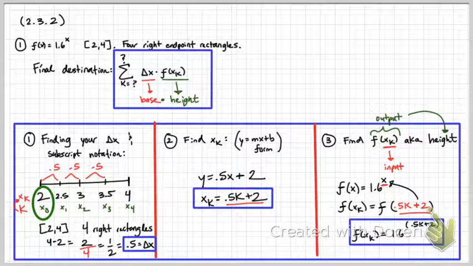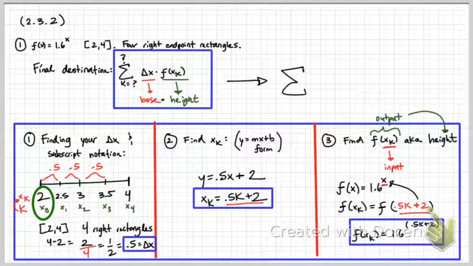So let's go back to our summation. Let's write it. If we're going to construct this summation, we don't have our limits yet, but we know that I need my base, which is my delta x of 0.5, which we'll highlight here. So here's my base. And you can see the 0.5 is from here.